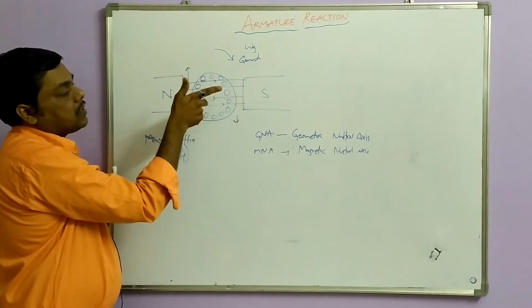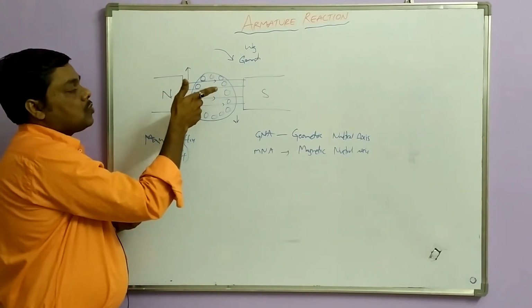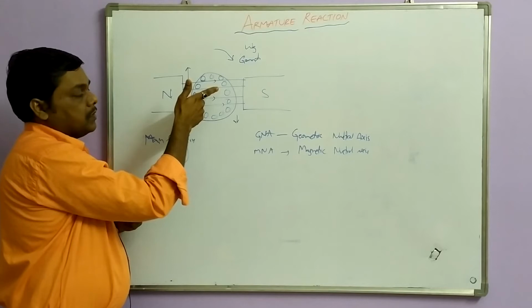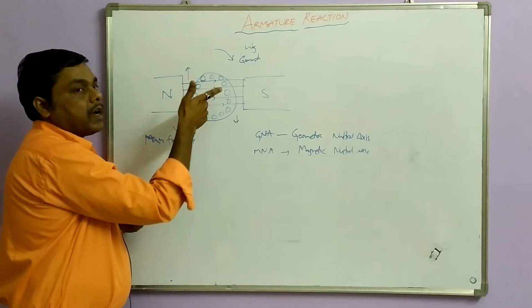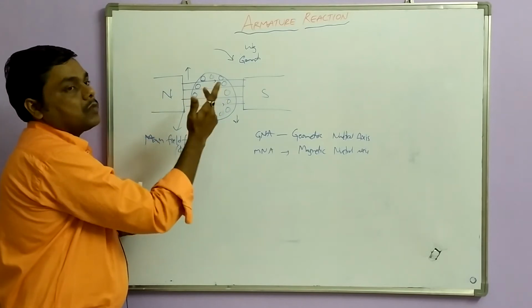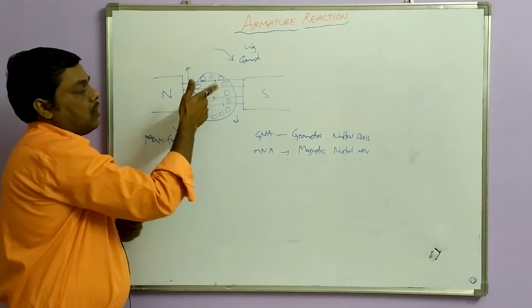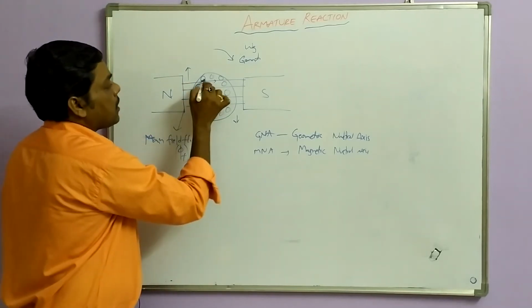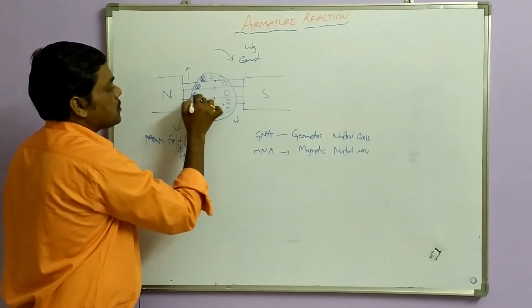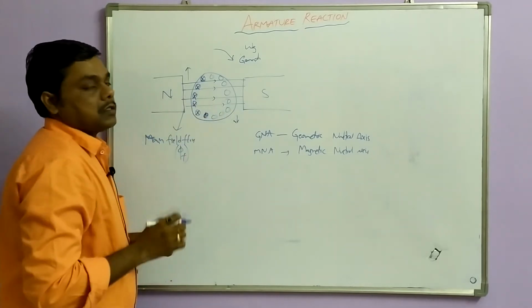Then you see the middle finger shows towards the board. So what does it indicate? The current is entering into this conductor, so on the left side of the section the current is entering into this plane. I can indicate this entering current with crosses.